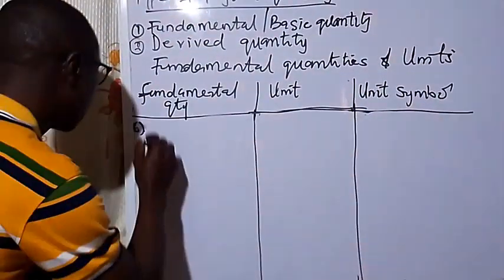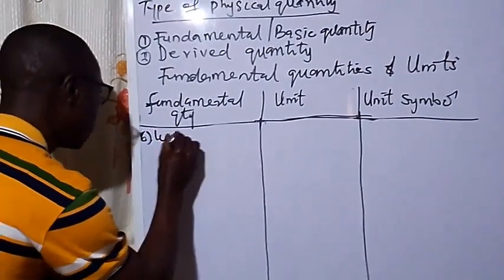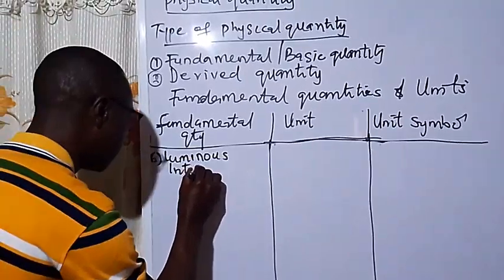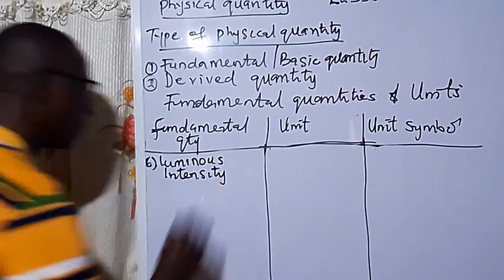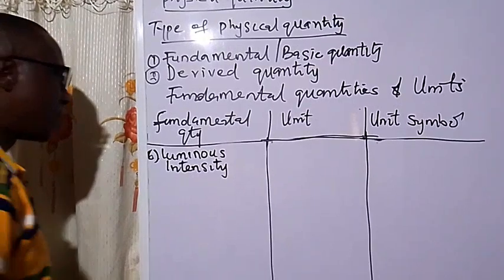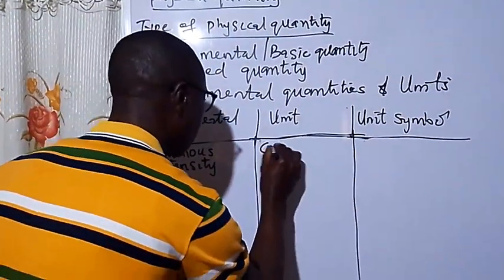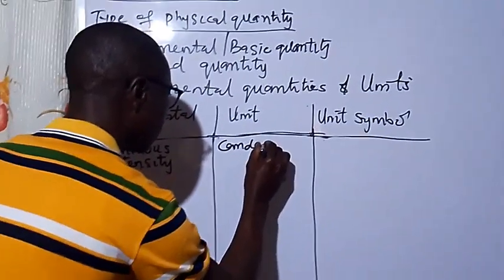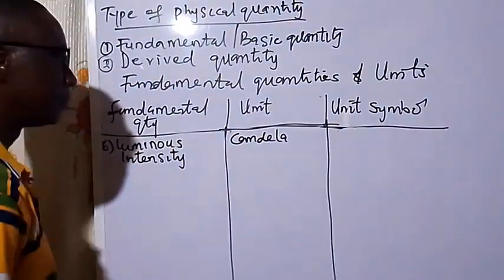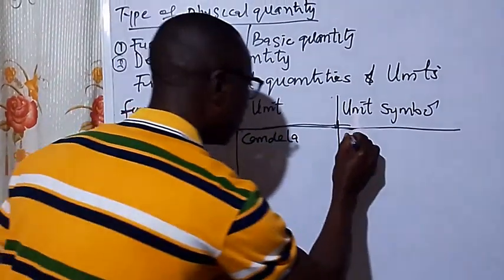Number 6 on the list is luminous intensity. The unit for luminous intensity is candela, and the symbol for this one is cd.